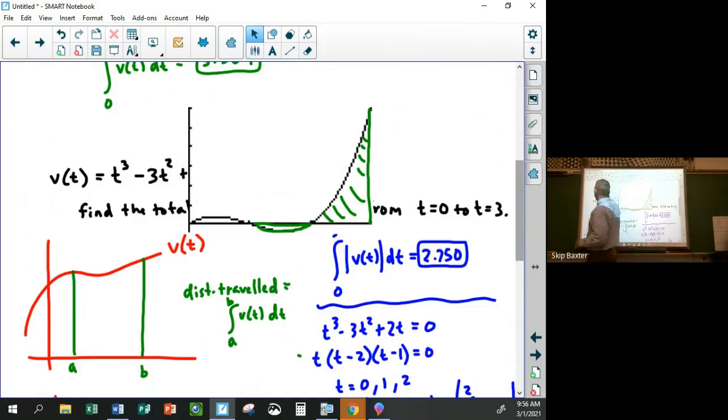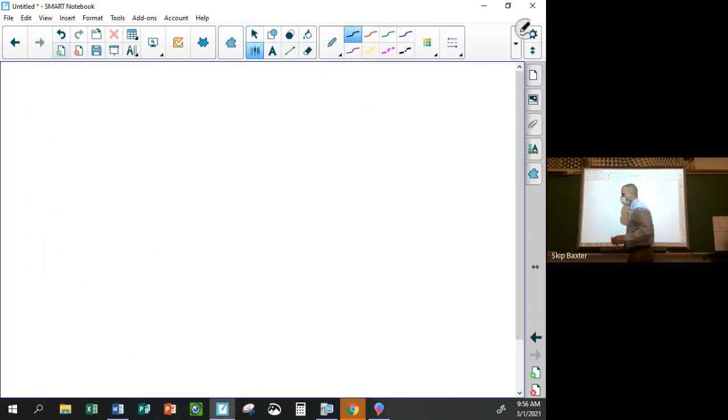Okay, let's just do one more type of question, and then we'll look at a free response question that deals with motion. So how about this? What if the acceleration of a particle is given by the formula 12e to the negative 2t plus 18t.